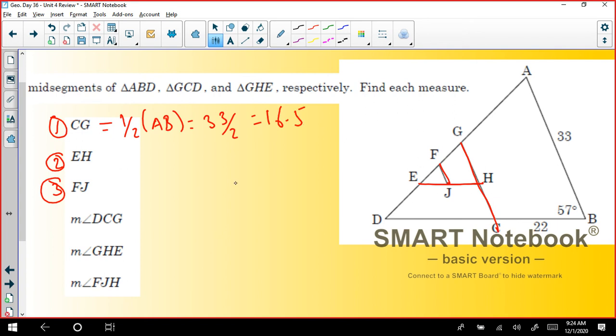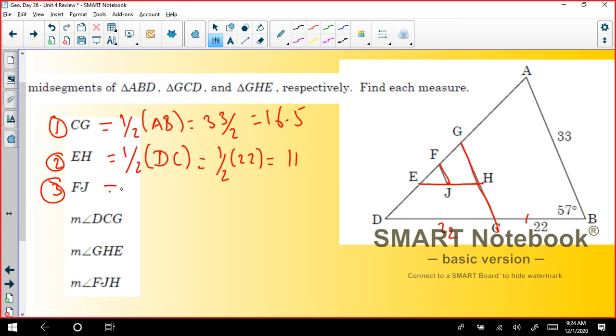Then EH is going to be half of DC. Do we have the measurement of DC? Yes, because C is the midpoint. If this is 22, this is also 22. So half of 22, which is 11.